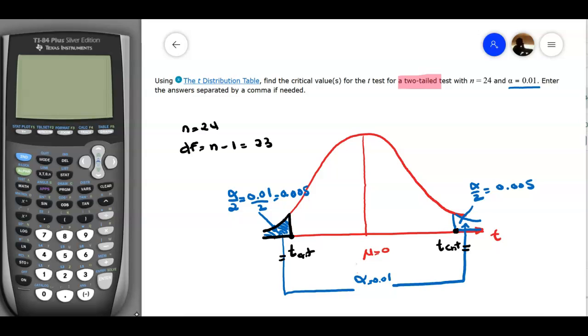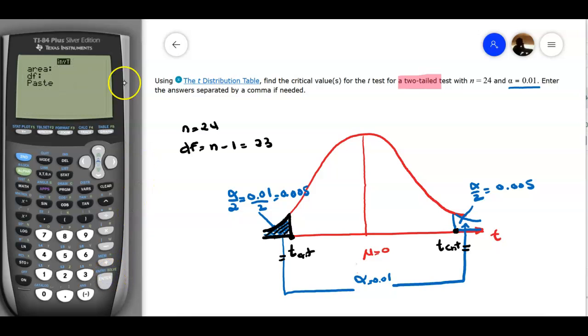So the easiest one to find is obviously this one, because I already have this tail, the left tail in here, and I have a degree of freedom. The way to do it on the calculator is to go to second and then vars, that's distribution, and you go number 4, which is inverse t distribution.